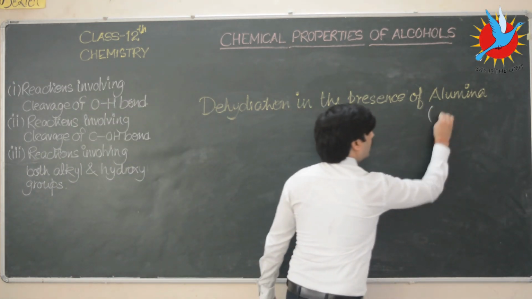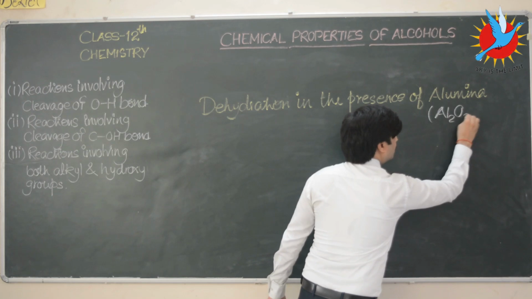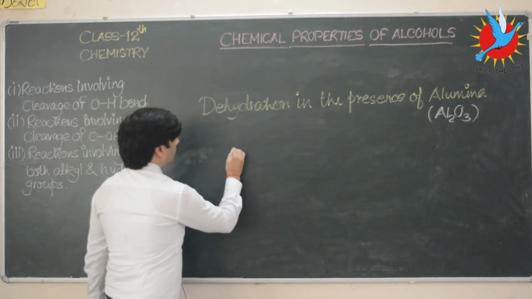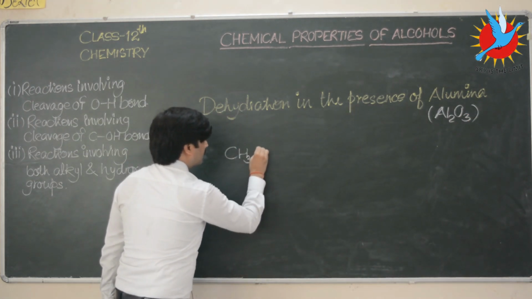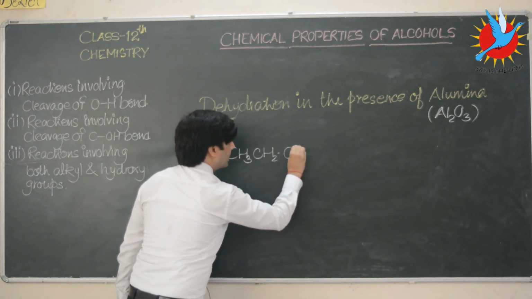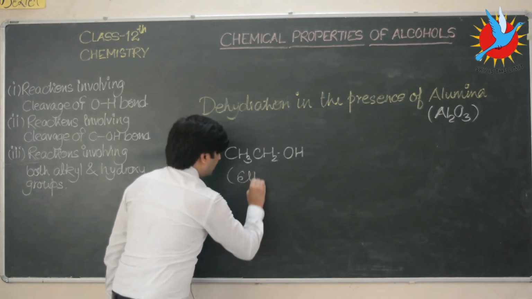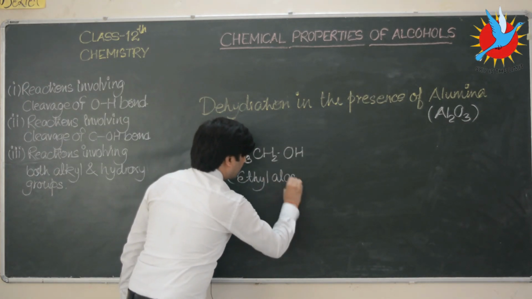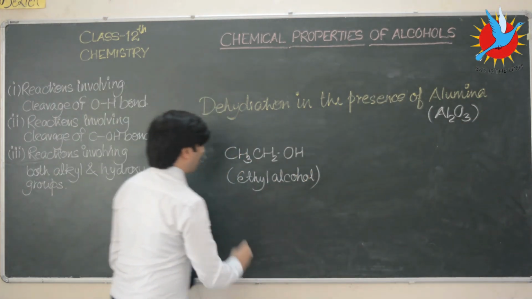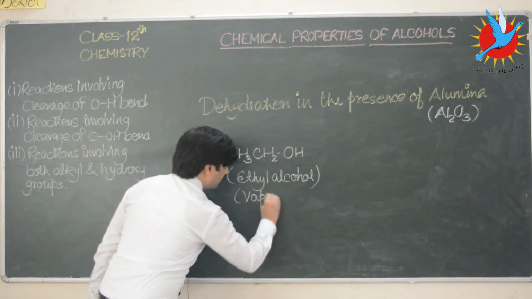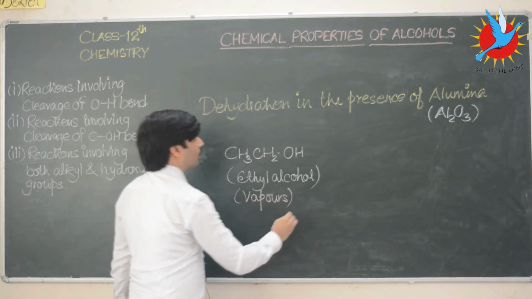Alumina has the formula Al2O3. I am taking the example of CH3CH2OH, ethyl alcohol. Vapors of ethyl alcohol we have to take.